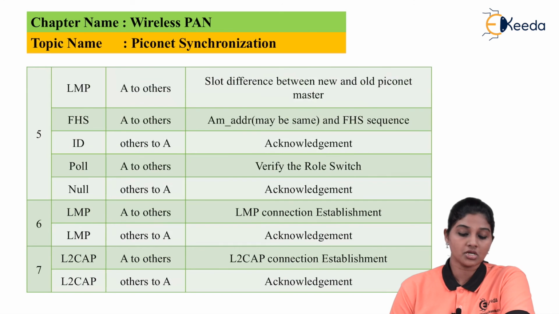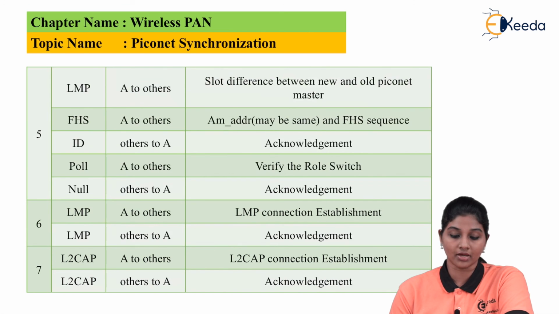Now in the fifth step, the LMP is transmitted from A to other devices, and that is used for calculating the slot difference between the new and old Piconet master. Next, the FHS is transmitted again from A to other devices, which may contain the AM address, which may be the same address, and it contains the FHS frame.